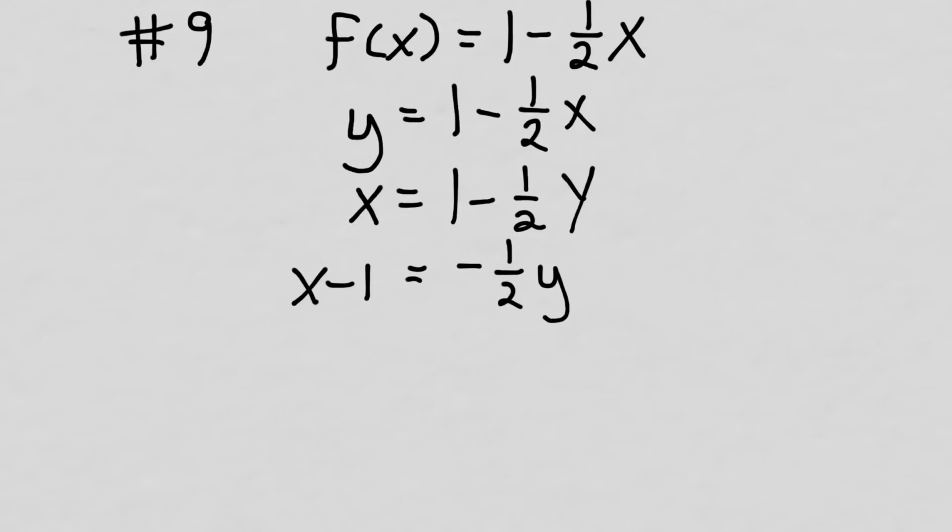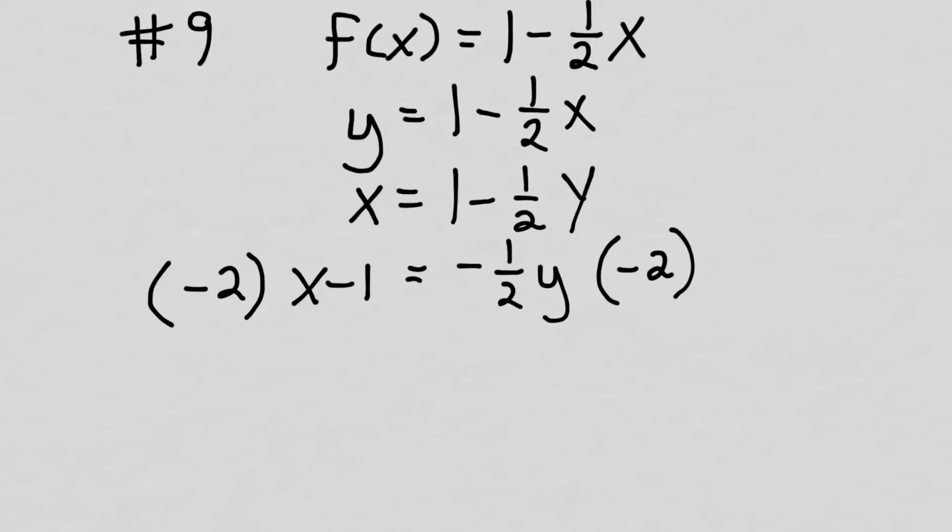All right, we want to get rid of this negative 1/2. To do that, we're going to multiply both sides by negative 2. The reason we're doing that is we want to get y by itself. If we multiply negative 2 times negative 1/2, it becomes 1, 1y, and that's all that's on that side is a y.